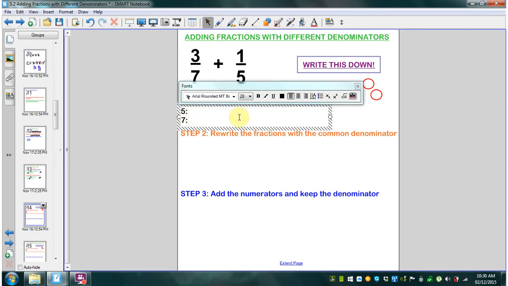So what's my multiples of 5? 5, 10, 15, 20, 25, 30, 35, 40, 45, and so on. Okay, I'll give you a second to write those down.